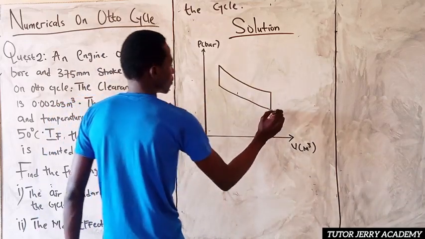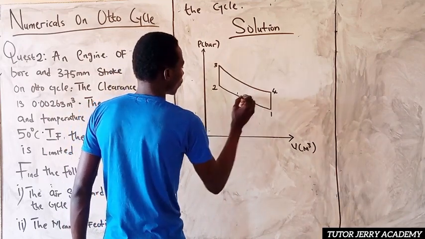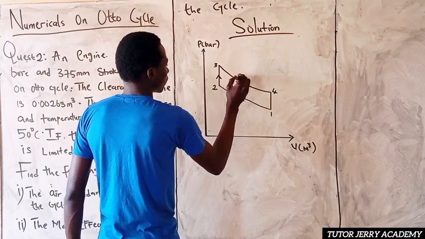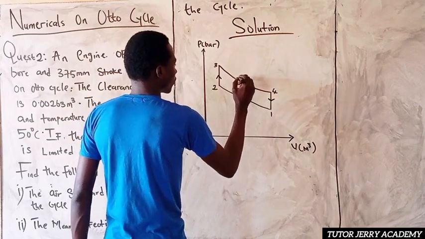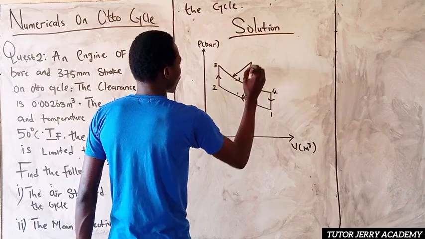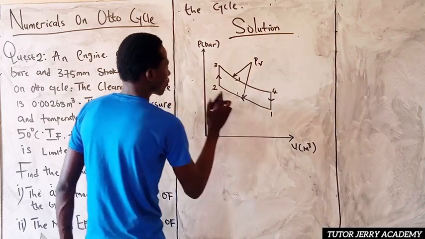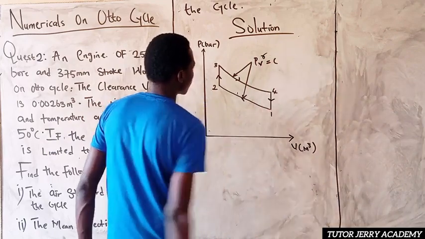So this is process 1, 2, 3, and 4. Do not forget to show that process 1 to 2 and 3 to 4 is adiabatic.